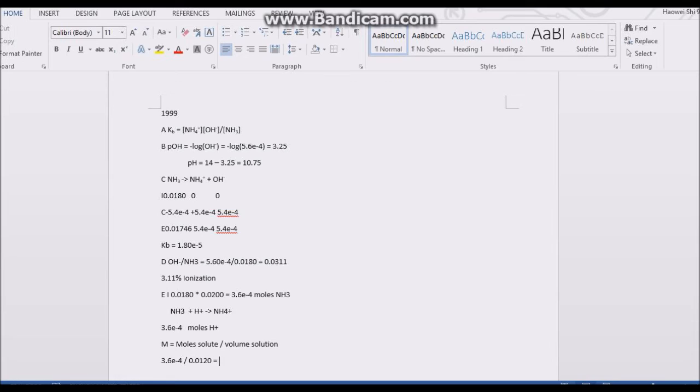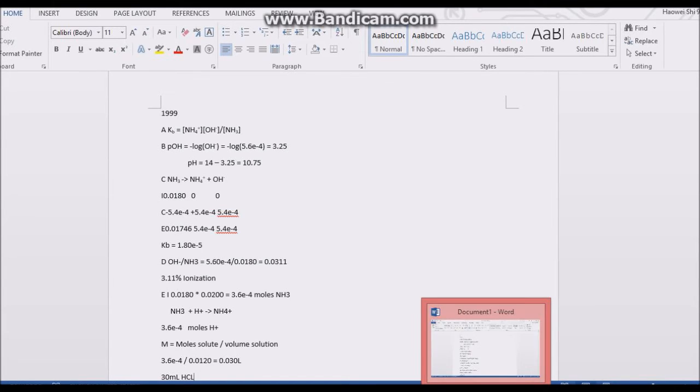Okay, good. So we got 0.030 liters. Convert that into milliliters, which is 30 milliliters of HCl solution.